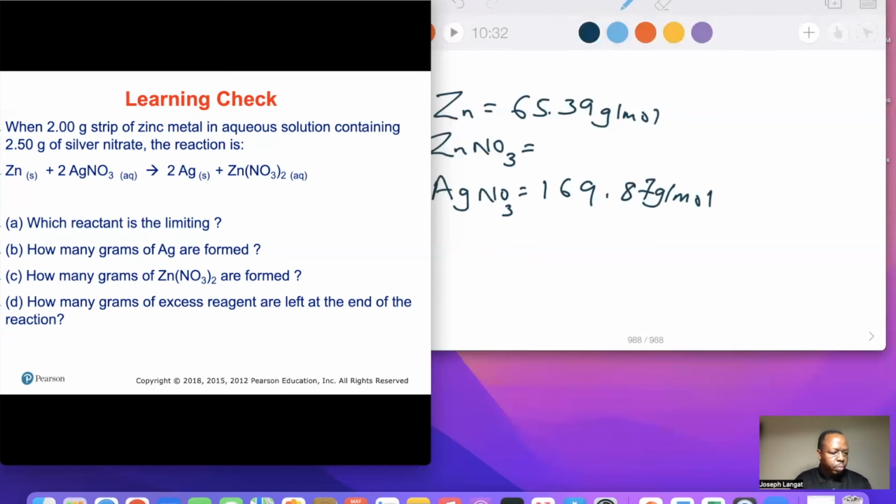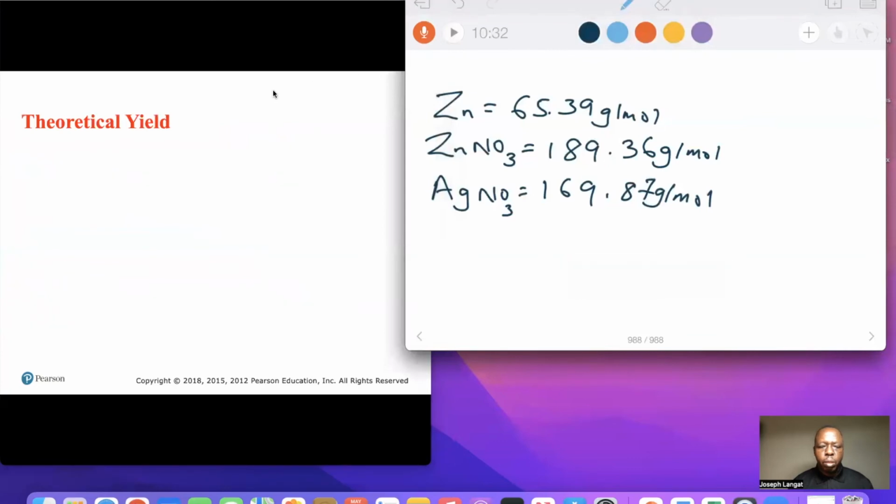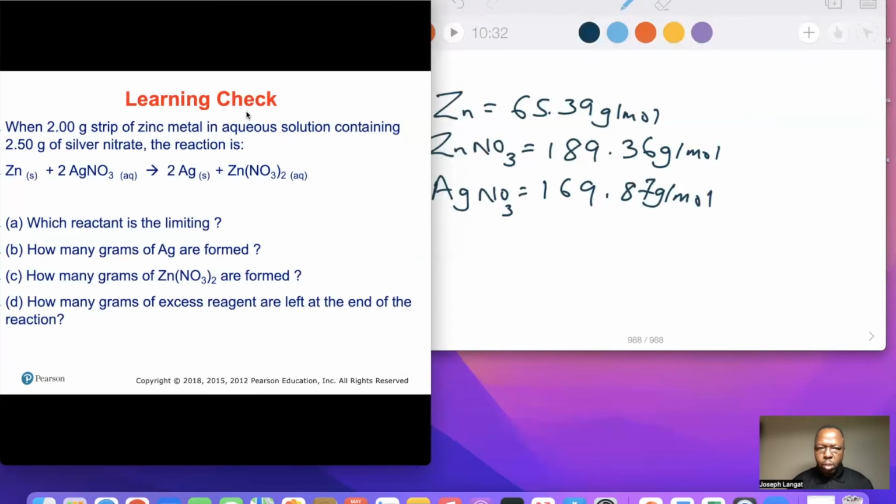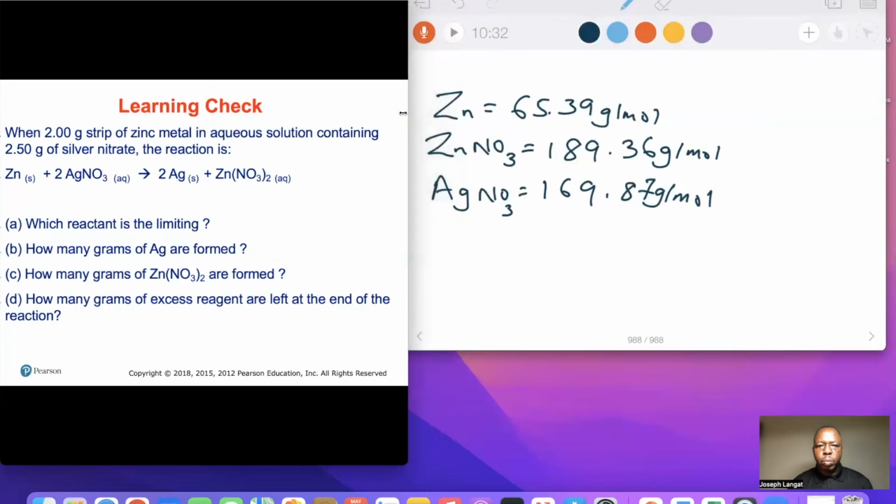Now zinc nitrate is 189.36 grams per mole. Just to give you, I'm looking at the molar mass of each one of them. I wanted you to see that.